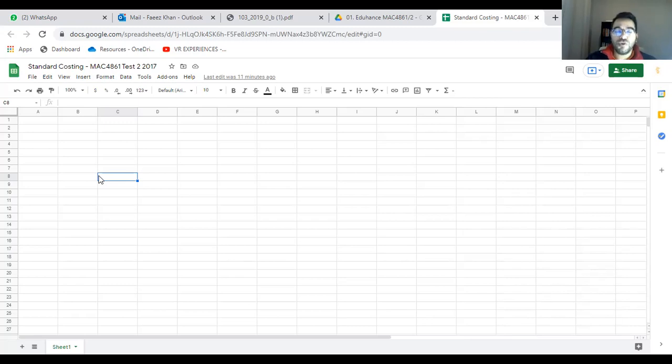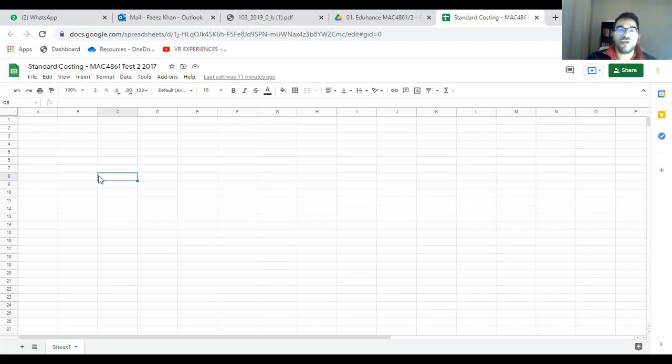So in order to make sure that the variance we're analyzing is meaningful and useful, we must ensure that the budget is flexed, that the budget is adjusted to represent actual units. So although your budget is based on 1 million units, you must change the 1 million units and adjust it to represent 1.2 million units. All the other inputs will remain the same.